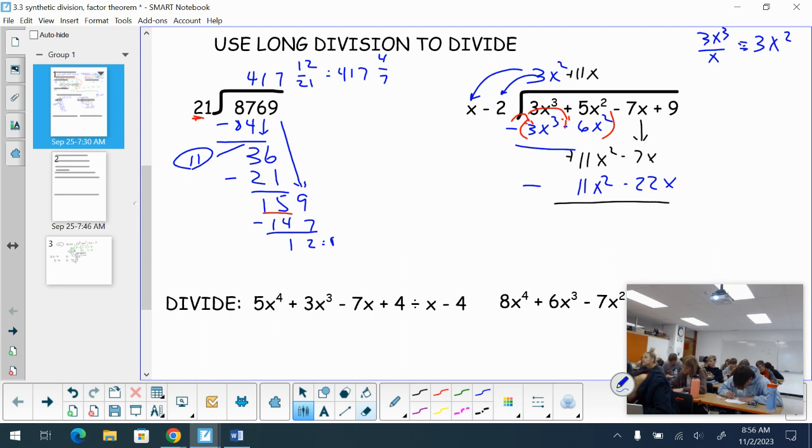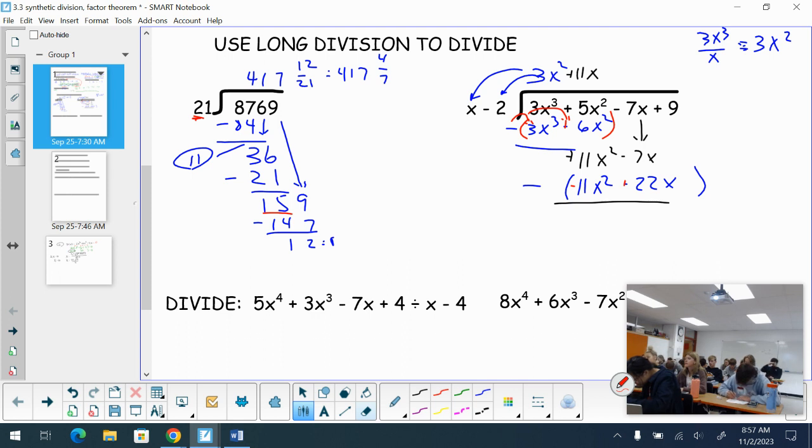We multiplied by the x and then by the 2, just like over here, where we multiplied the 4 times the 2 and the 4 times the 1. We multiplied by both of our values. What's our next line down then, Jacob? I think there's 15x, because we need to make sure we subtract. So this is negative here, and this turns into a positive here.